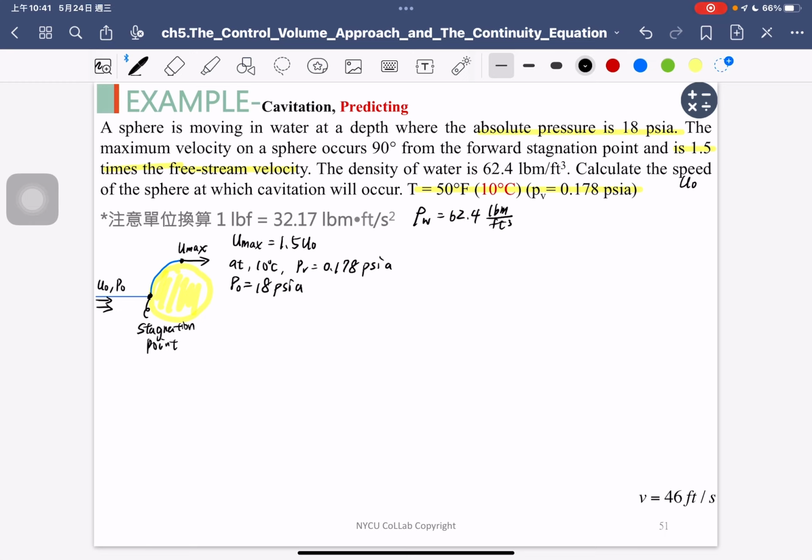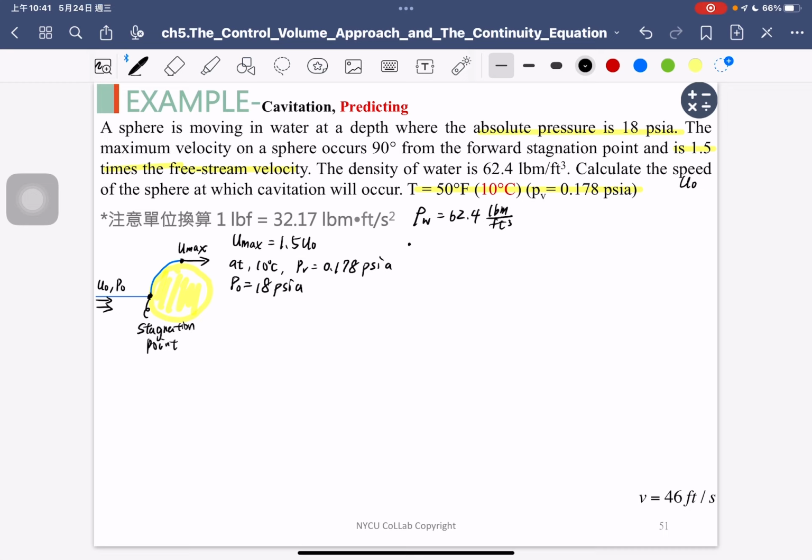So the first idea: if we know that the blue line is the center line, then the 2 points are located on the center line, so we can apply the Bernoulli equation.